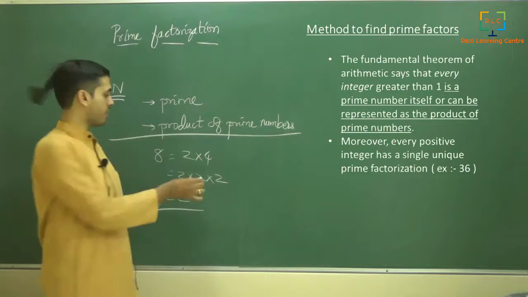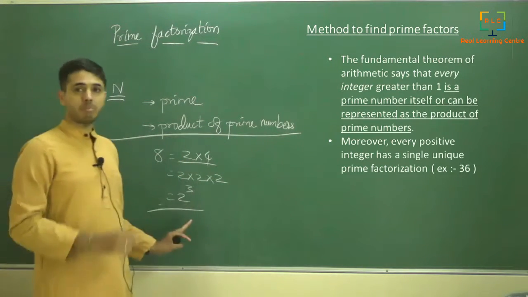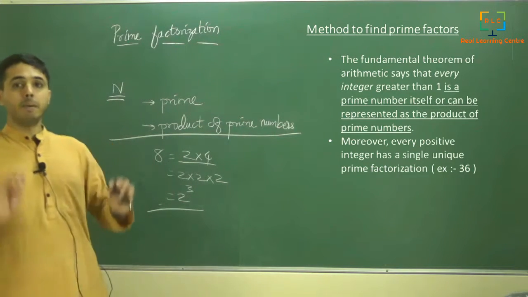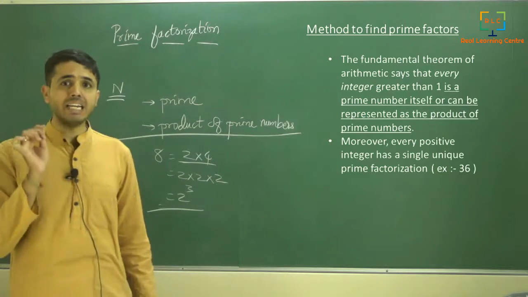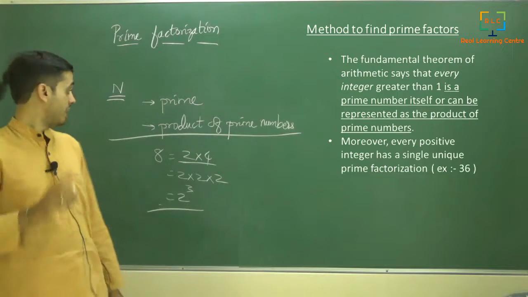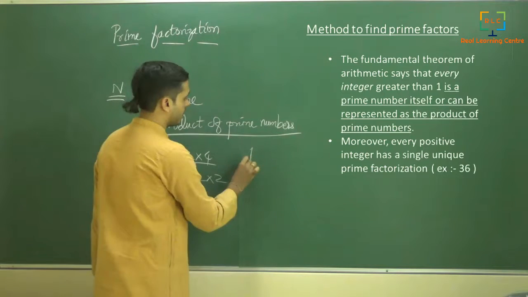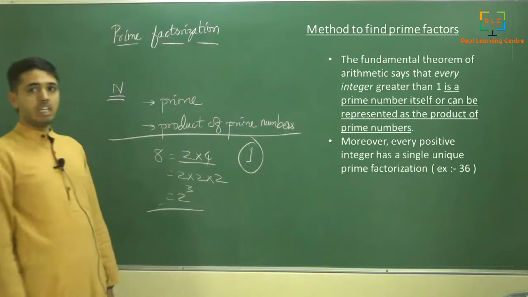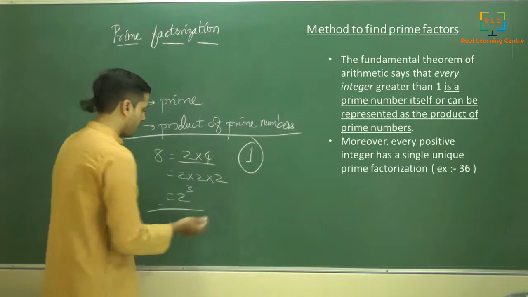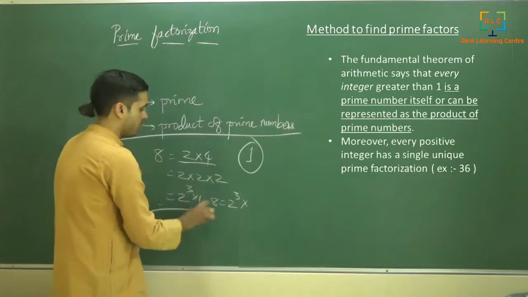If you don't use prime factors, you can write it as 2 into 4, but using only prime factors, the only way to represent 8 is 2 cube, and 2 cube only refers to 8 and no other number. Hence the prime factorization of every integer is unique. So this is a very important concept. That is one of the main reasons why we don't consider 1 as a prime number, because if you consider 1 as a prime number, then 8 is equal to 2 cube can also be written as 2 cube into 1.